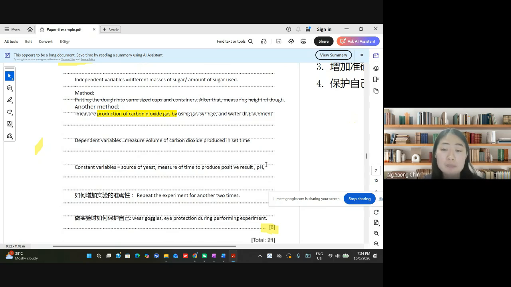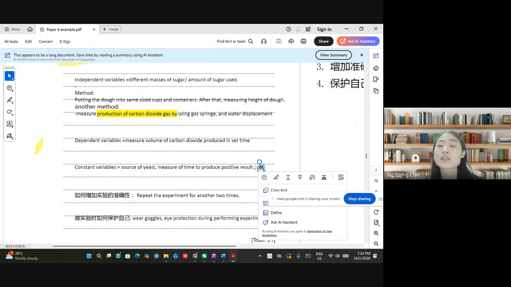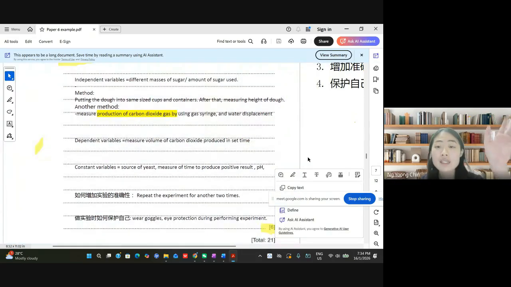So the yeast might become inactive, so it can produce less carbon dioxide. So that's why we want to prevent this from happening. We need to fix the pH. The pH of all the test samples must be the same. So that's why pH is another constant variable.